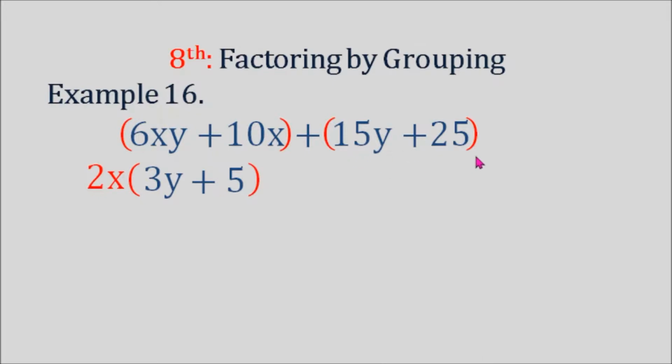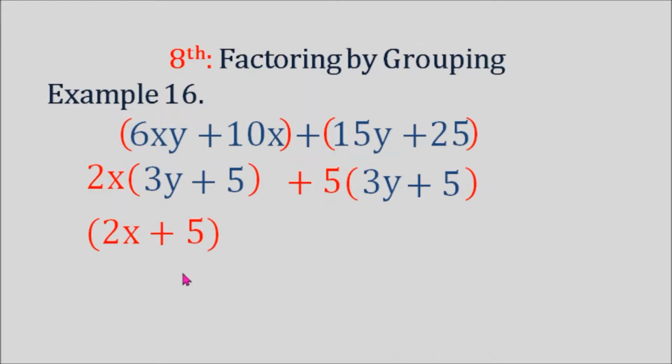I also have to factor the second group. The greatest common factor between 15y and 25 is 5, and then 15y divided by 5 is 3y. 25 divided by 5 is positive 5. The greatest common factor in our first group is 2x, and the greatest common factor in our second group is 5.